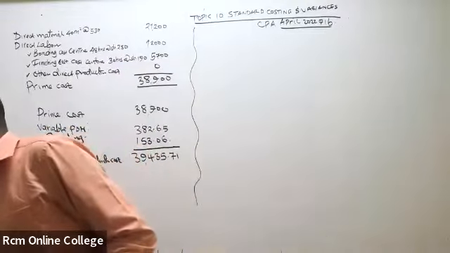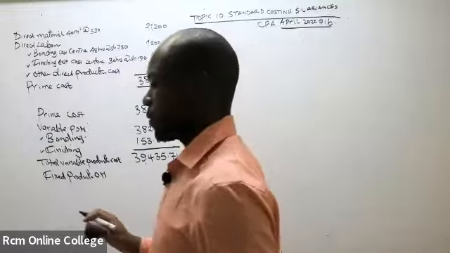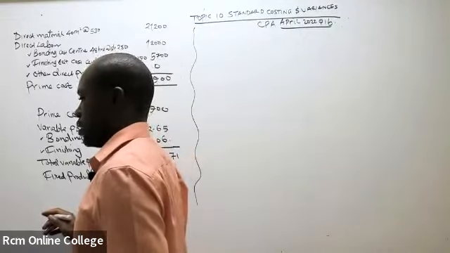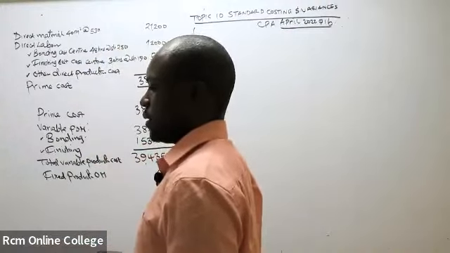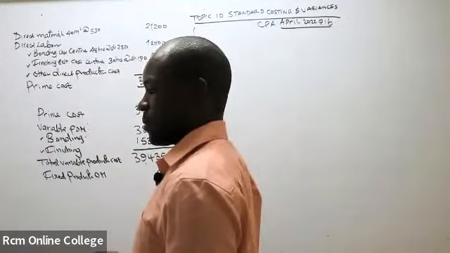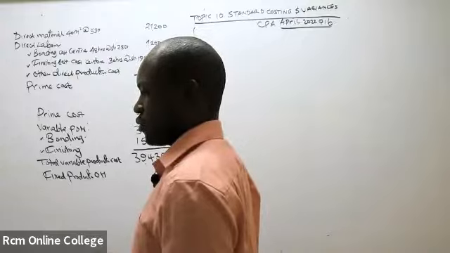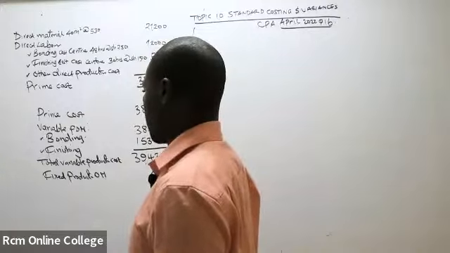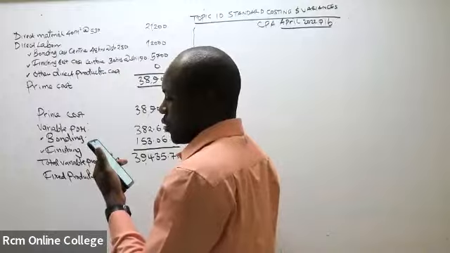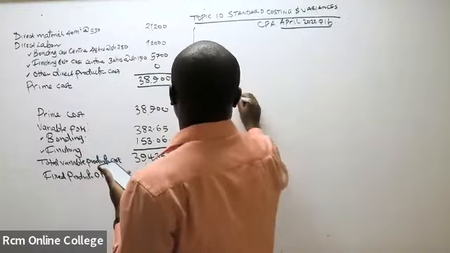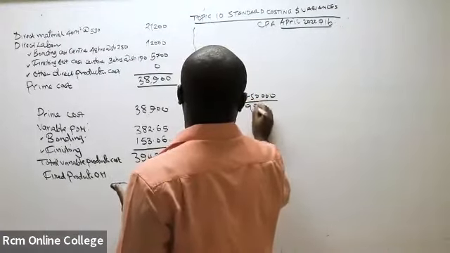Good. What are we getting? I think tumekosea. Which part? Jeff, which part? Kwa variable cost, we have under bonding cost center 3750 divided by 9,800.